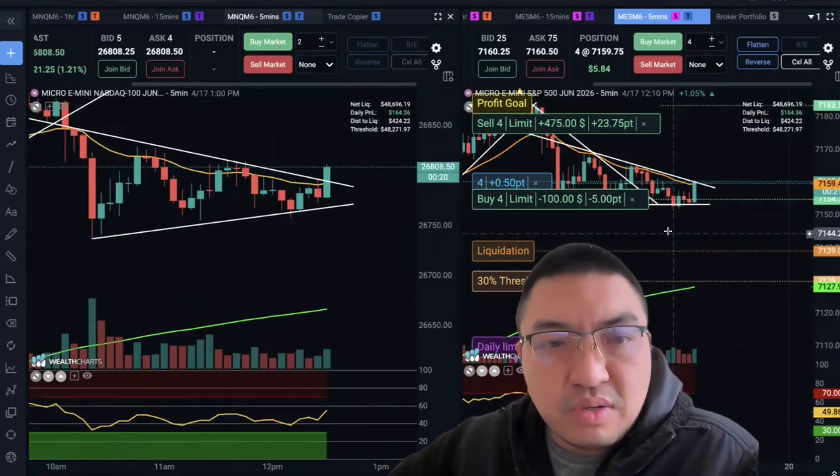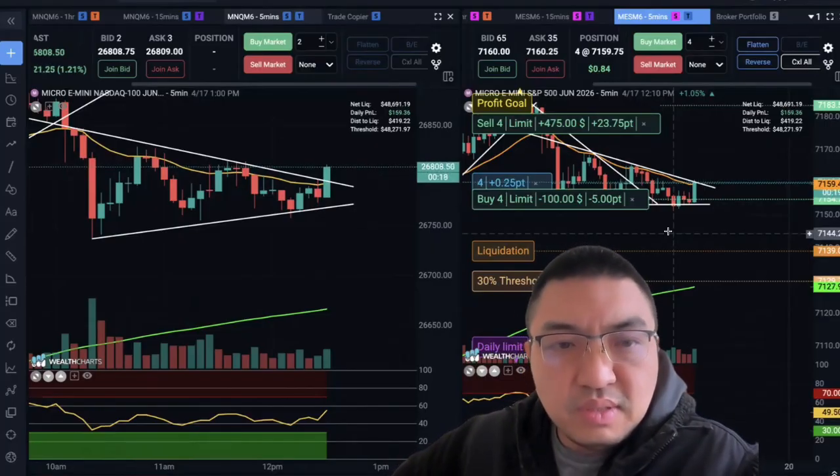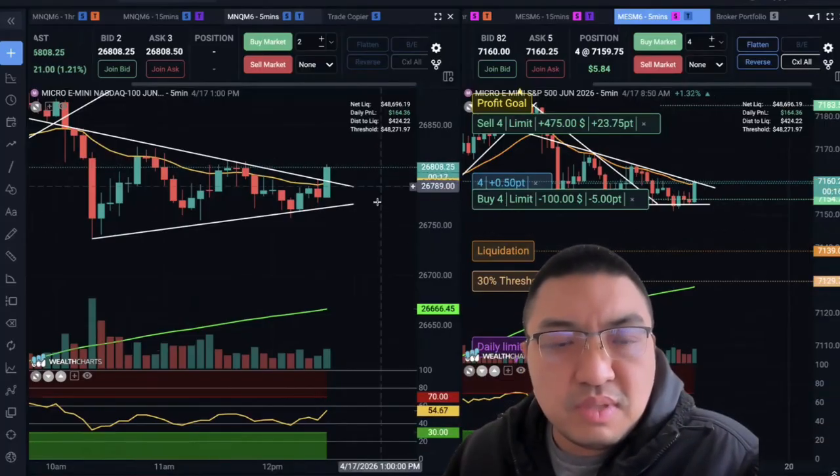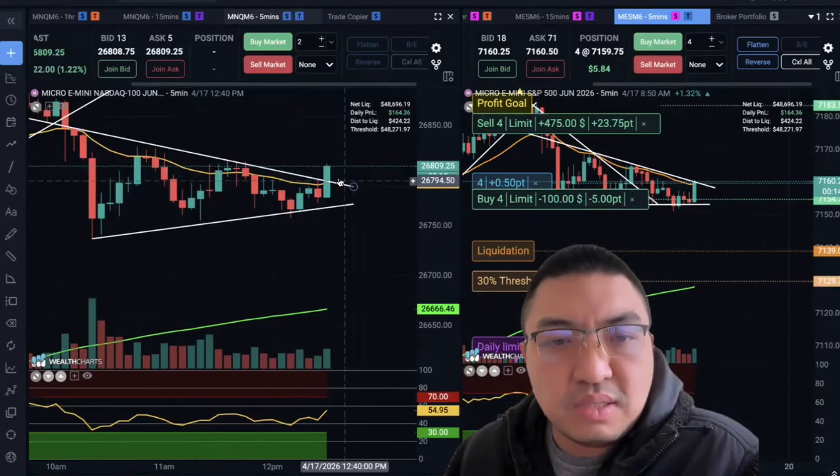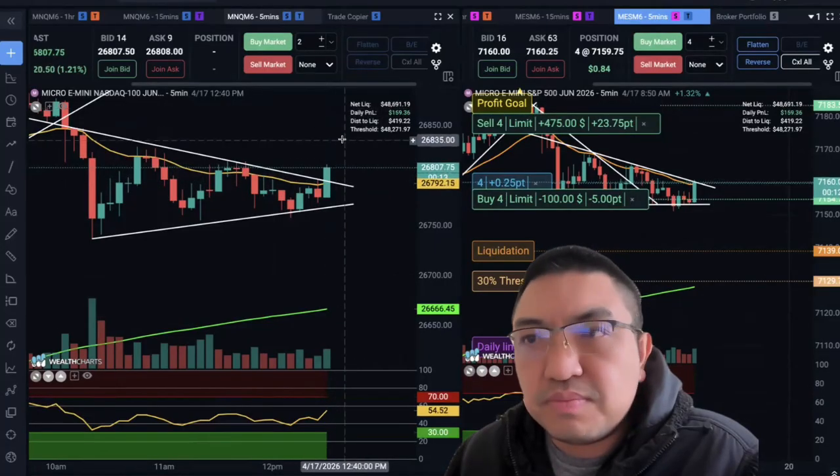So we see NQ has already broken. So that means the buyers are controlling the market and keep going up.